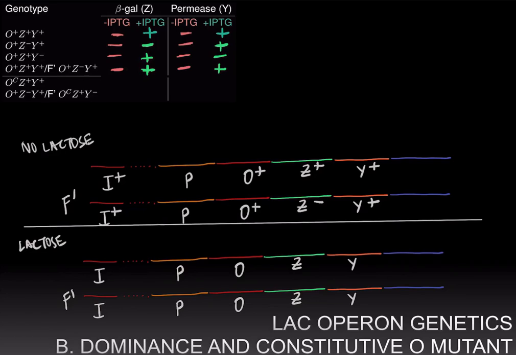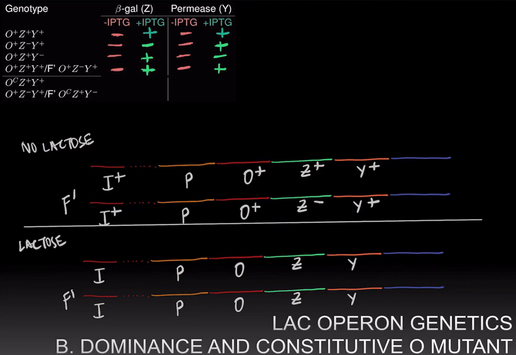Now recall that Z minus leads to no beta-gal expression, but in a partial diploid, a heterozygote with a Z plus allele, the expression of beta-gal becomes inducible again.